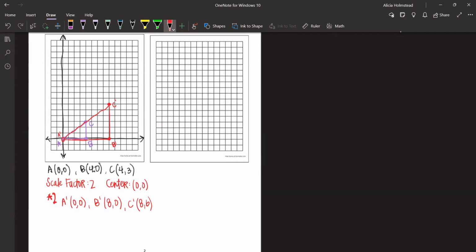And hopefully you can see there that that original purple triangle got scaled up, so the red one's 2 times bigger.